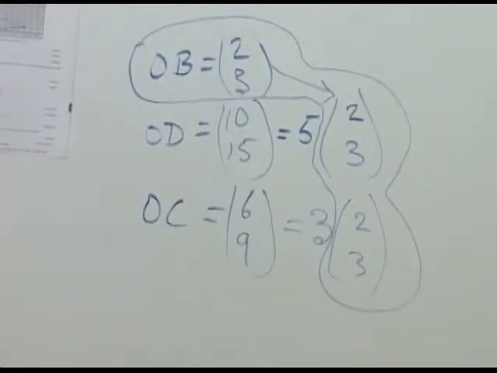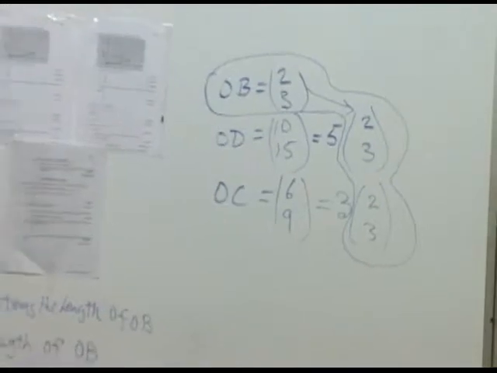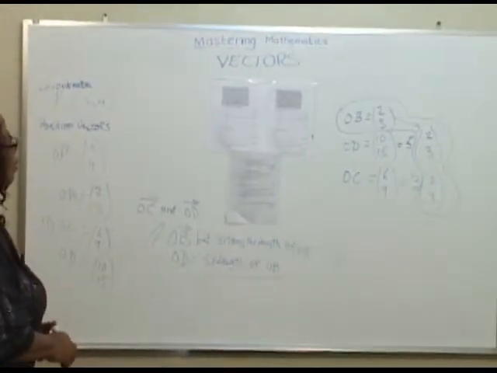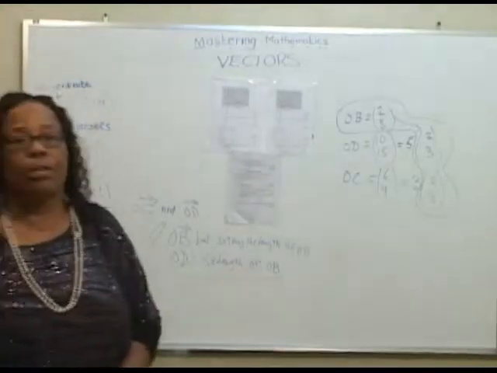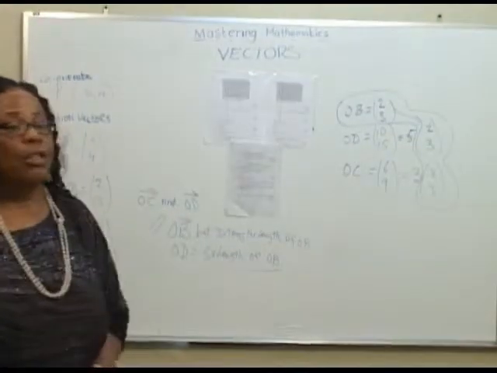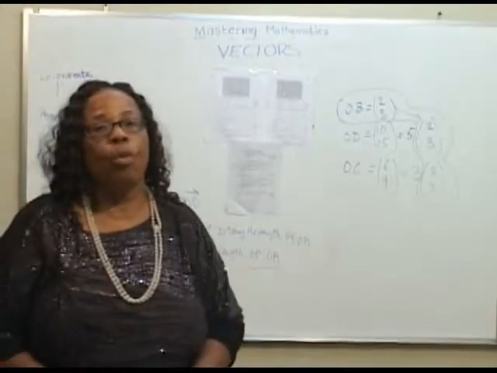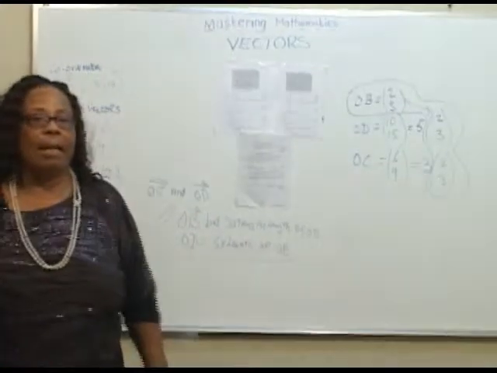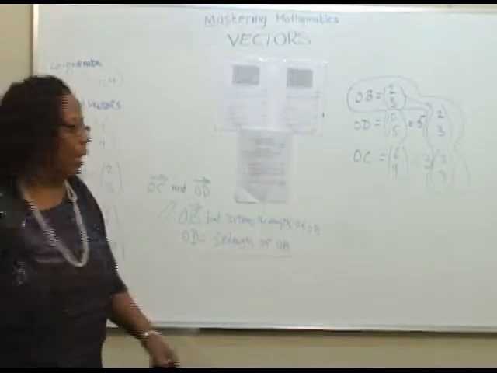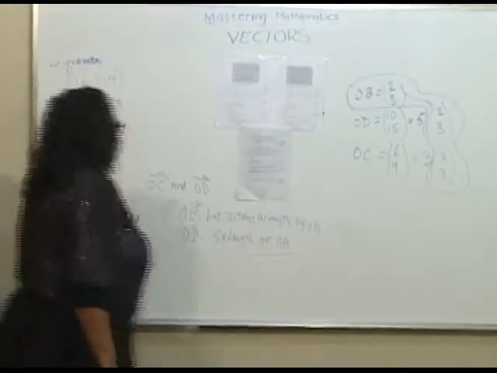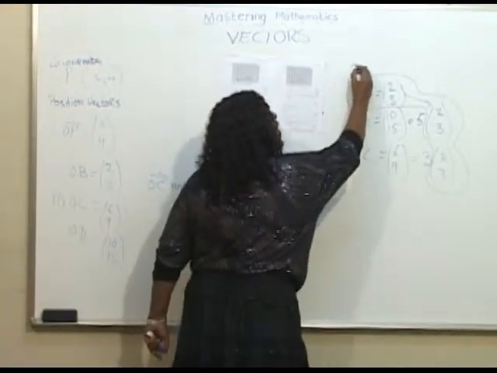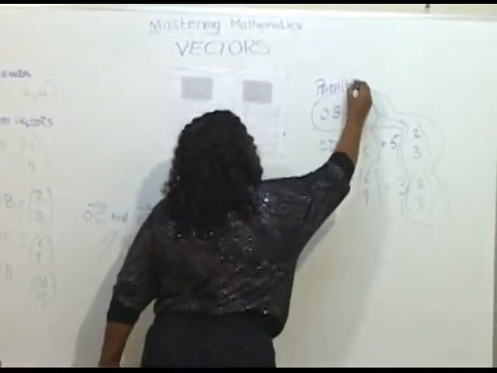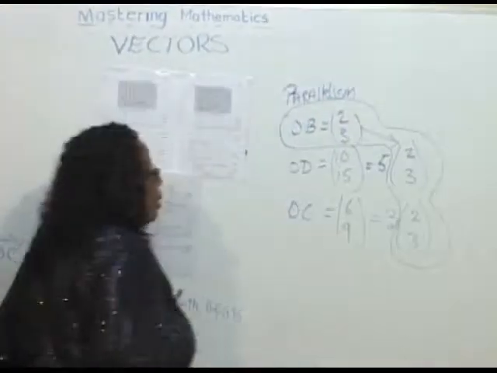And that is why I am saying that OD would be 5 times OB, and OC would be 3 times OB. So as long as we can show a common component, we would know right away that the vectors are parallel. So this then would mark our status for parallelism in terms of the vectors.